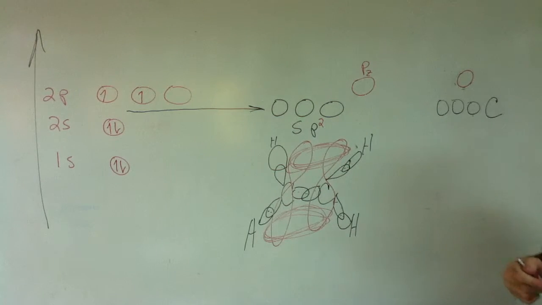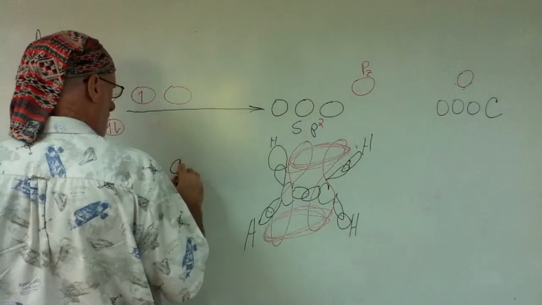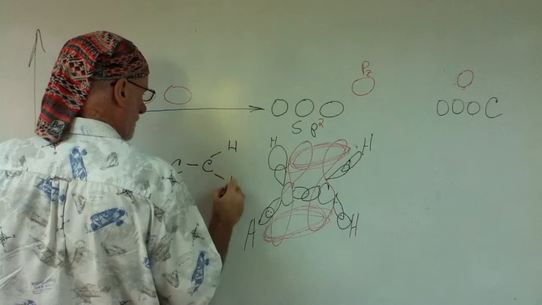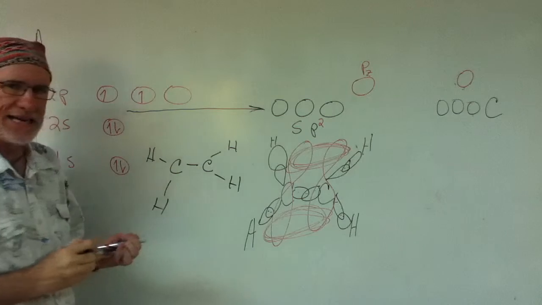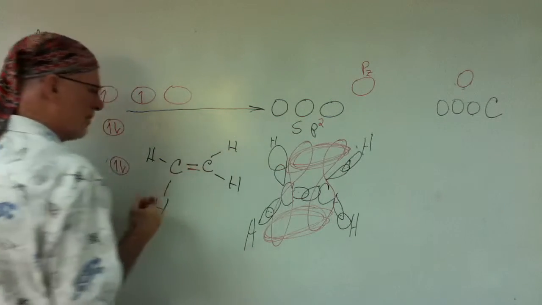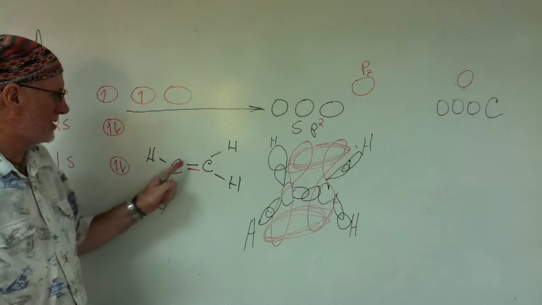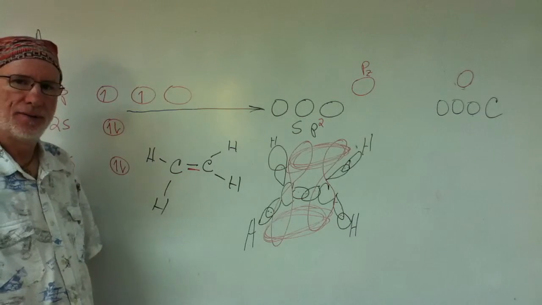So it's going to look like this. It's going to look like this. Here I have those are my sigma bonds, and then I have that p bond, that pi bond, right? Sigma, sigma, sigma, sigma, sigma, and then that last pi bond.